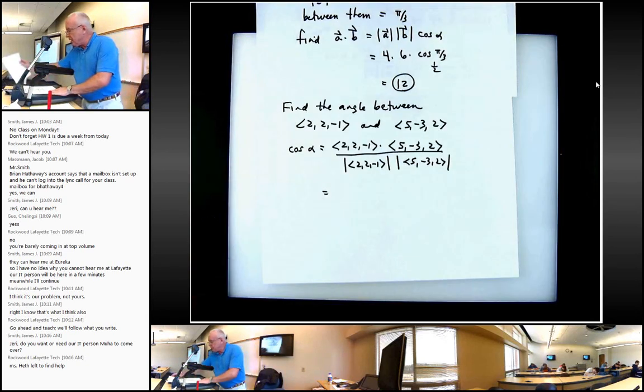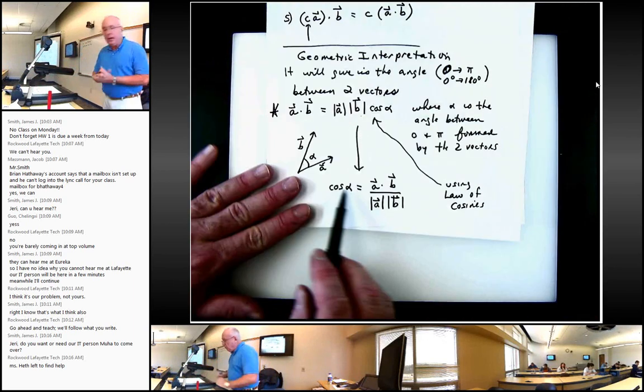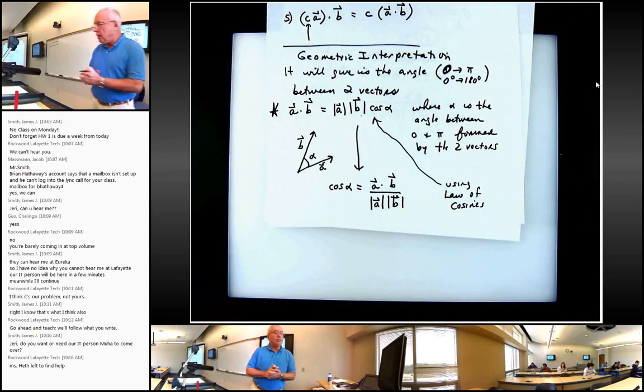And this is just directly from the rewriting of the formula for the cosine of that angle.